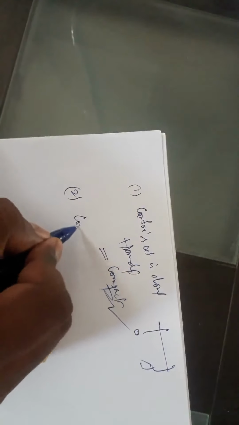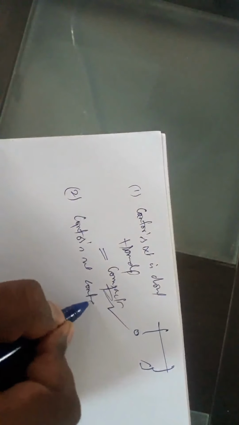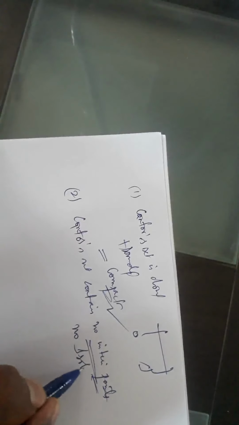Next observation is that the Cantor set contains no interior points. See, this should be observed carefully. And it contains no isolated points, because every point is a limit point. It means if you are in the set, two possibilities are there. Either it can be a limit point or else it can be an isolated point.